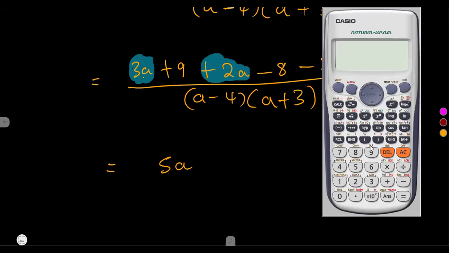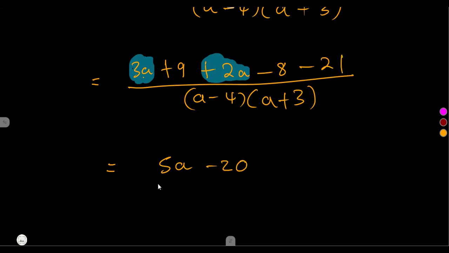That was 9 minus 8, and this one was what? Negative 21 minus 21. So that was going to give us negative 20. So we've got negative 20 over the two brackets, a minus 4 into a plus 3, like this.